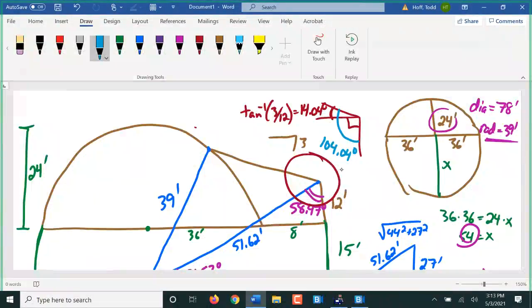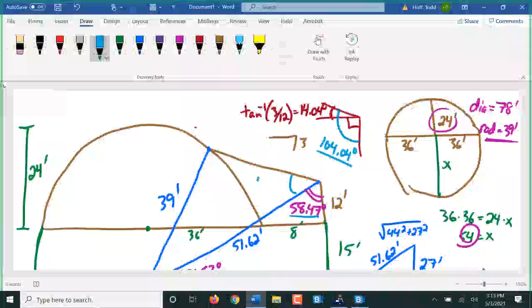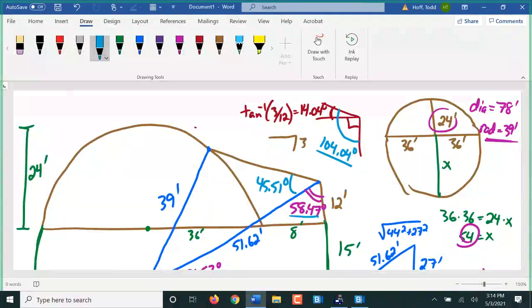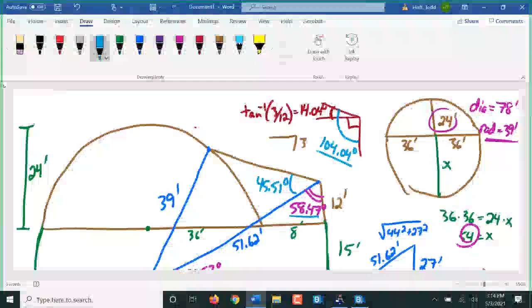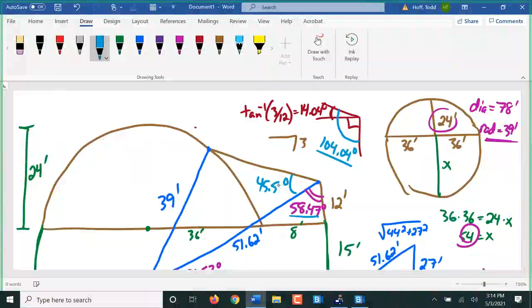Which means, if I come back here, this angle is the 104.04 minus 58.47, which makes it 45.57, I believe, degrees.